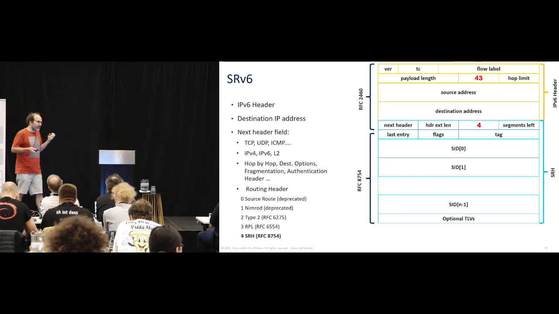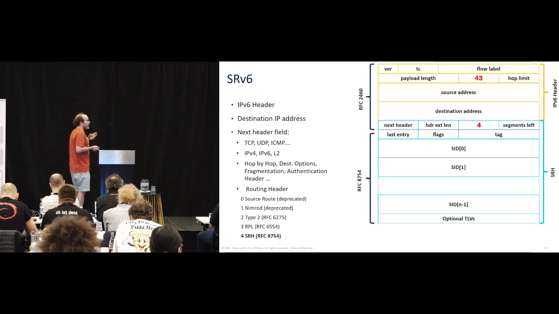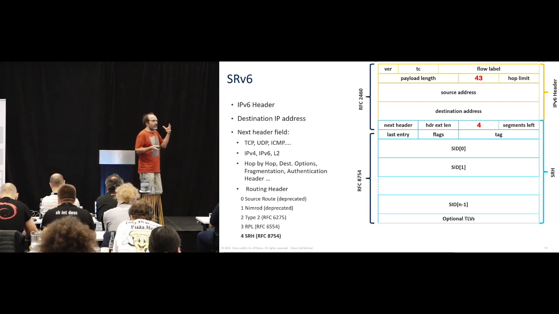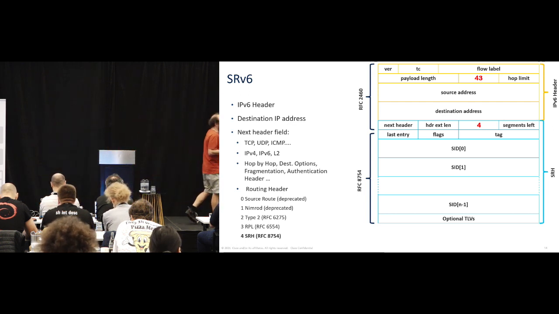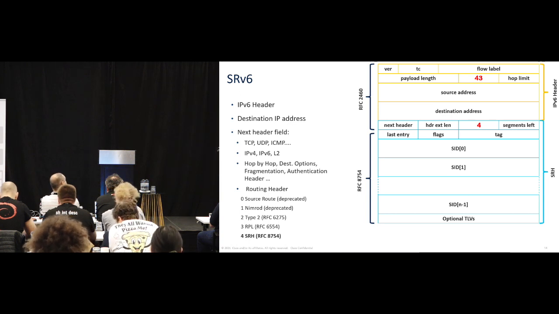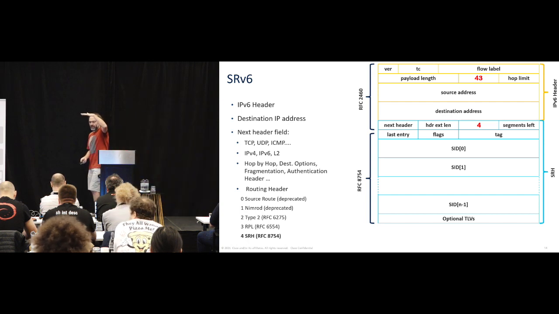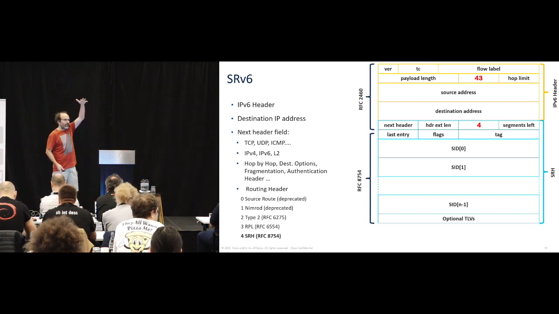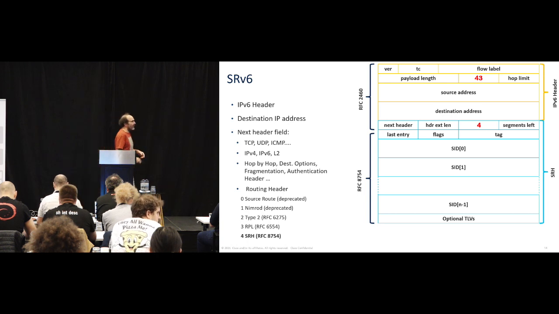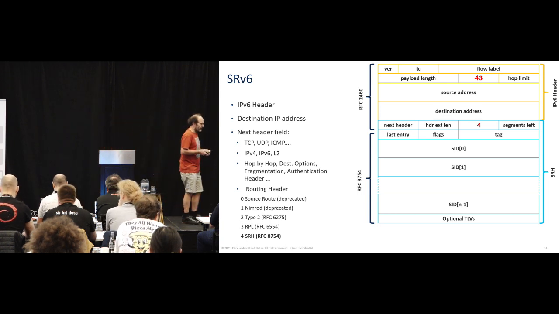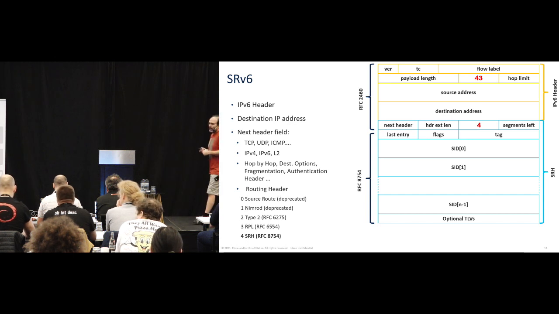That header has a couple of fields. Obviously, segment routing means we are routing along a list of SIDs, and those SIDs are part of the segment routing header. There can be a bunch of SIDs inside it, in theory up to 255.